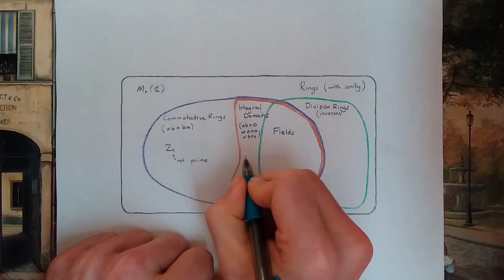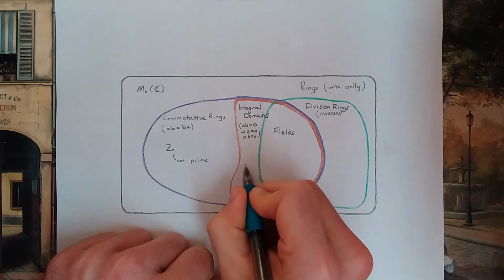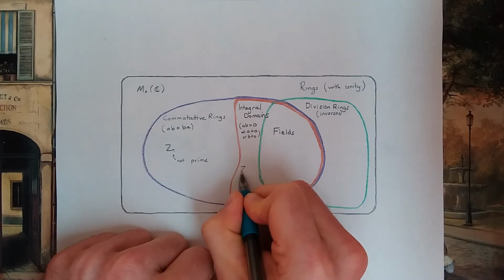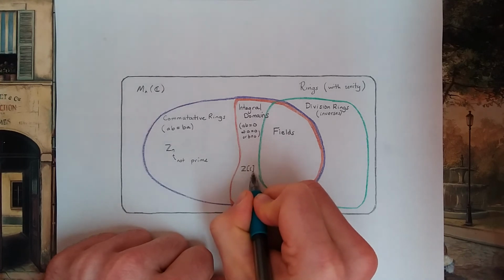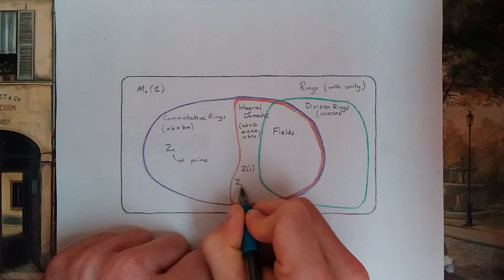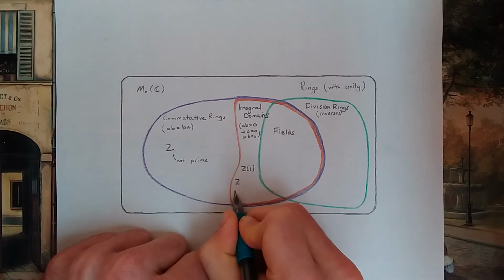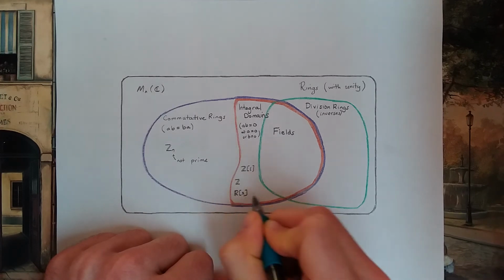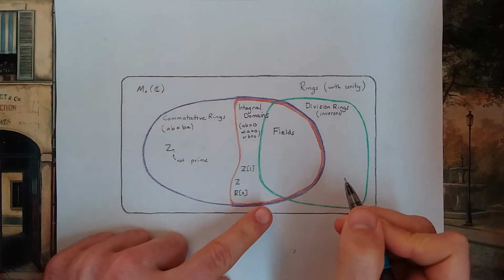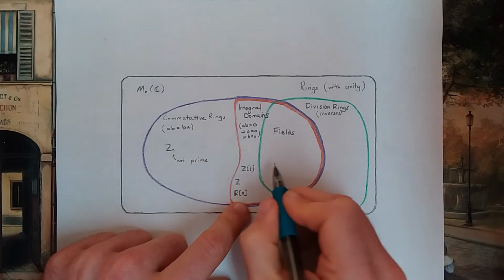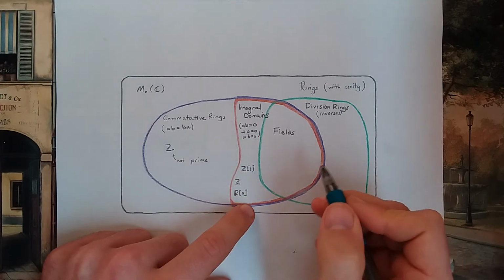So integral domains could be like Z[i], it could be Z, it could be polynomials. Those are examples of integral domains that are not fields.